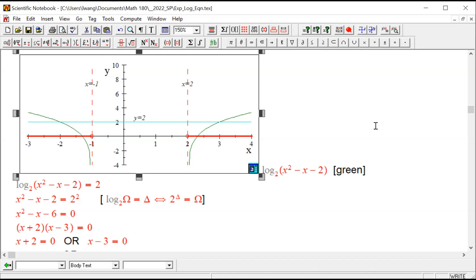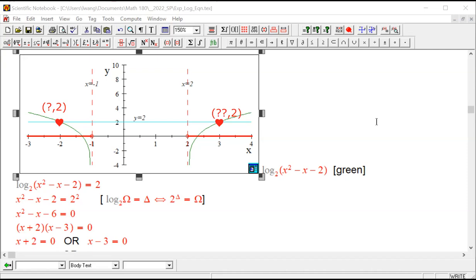So then we're pretty clear about the situation. We draw the horizontal line. The horizontal line crosses the curve twice, and the solutions we're looking for are the x values, the inputs. We don't know what the input is for these points, but we know the output is 2.